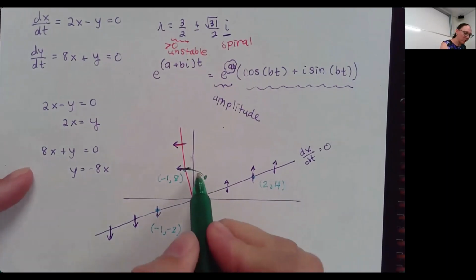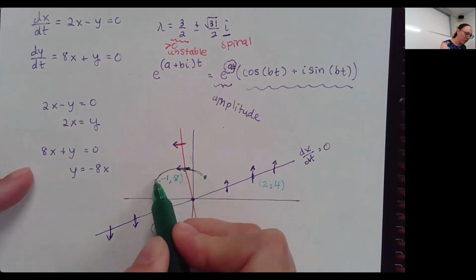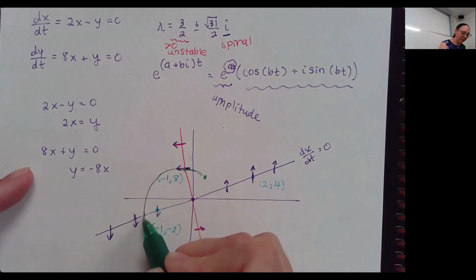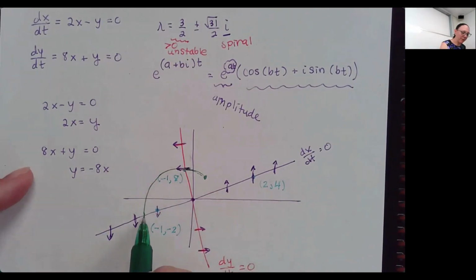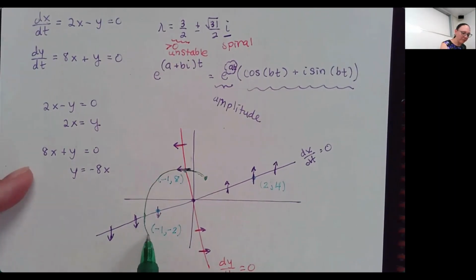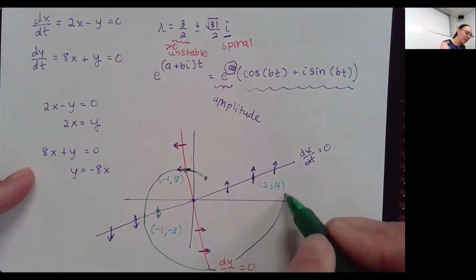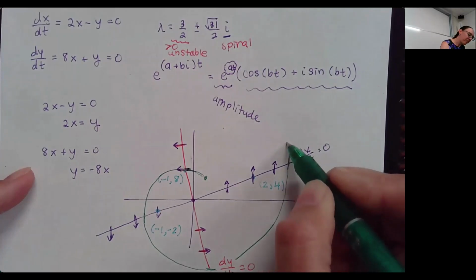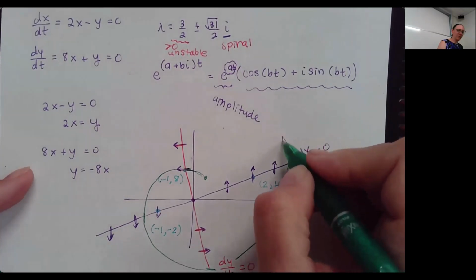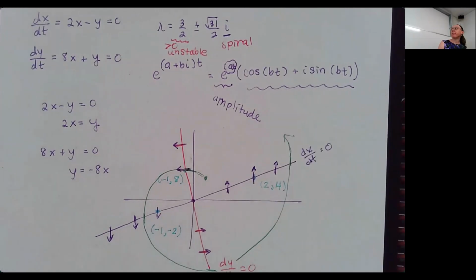So I'm going to cross this null line and then I'm going to get it pushed over here. I'm going to pass through that vertically. Again, my amplitude is getting bigger. I'm going to cross through this one horizontally. My amplitude is going to keep getting bigger. I'm going to cross through this one vertically. And that spiral is going to kind of keep going.